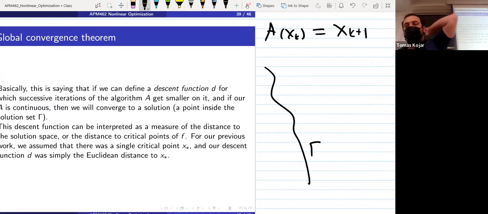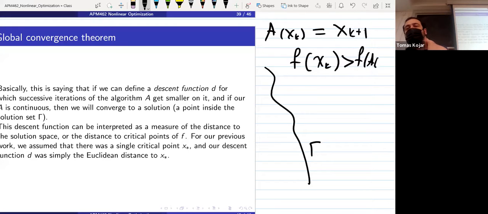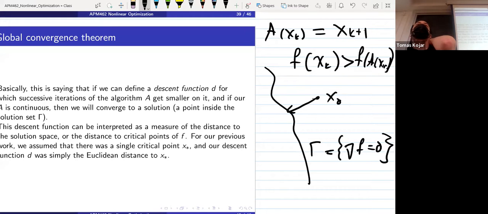And then what you evaluated, let me call it f just to not confuse you. So you have f of xk, and you want this to be bigger than f of A of xk. Strictly bigger. So you want to have a minimization. You have to start with x0, and if you start outside, you want to keep dropping down. And gamma is all the places where gradient of f is 0.